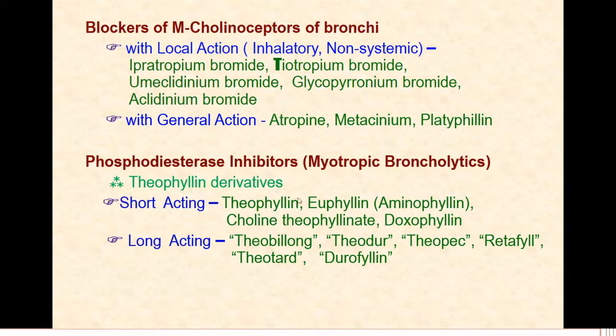But exactly in intravenous injection, which is effective as broncholytic, we can cause stimulation of heart and the brain. That is why in intravenous introduction, we should introduce very slowly and exactly.